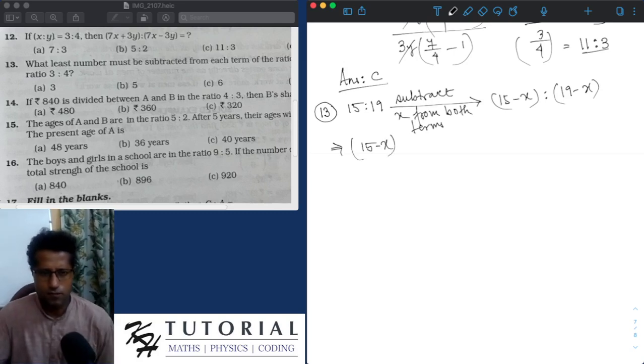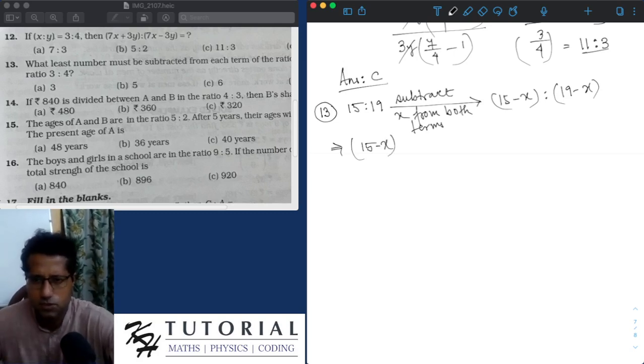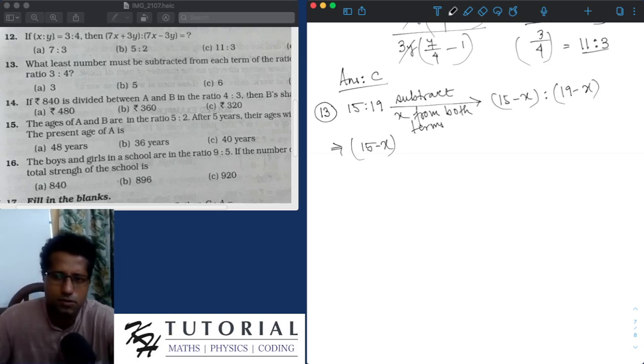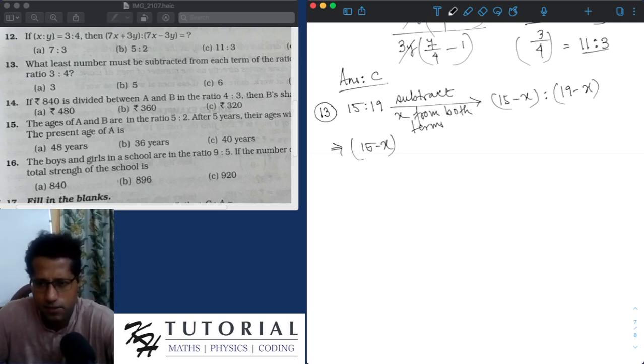So it is asking what least number must be subtracted from each term of the ratio 15 is to 19, and we assume that number to be x. If we subtract x from both terms, we get 15 minus x is to 19 minus x, and this ratio is given to be equal to 3 is to 4.